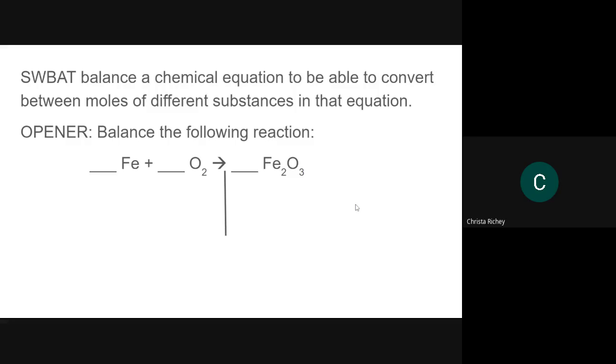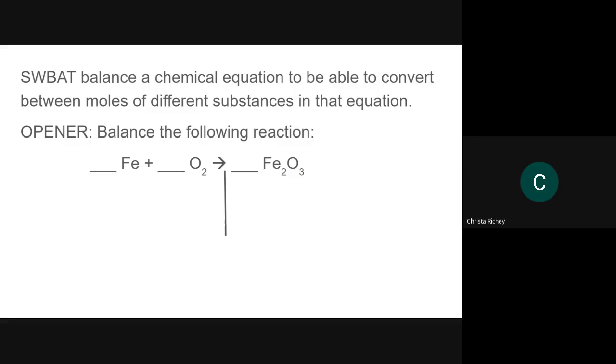I don't know if I'm going to go through all of the balancing with y'all or not, but it's crucial that you have the right coefficients to be able to do the mole conversions. The mole conversions themselves are really simple as long as they give you a balanced equation. That's what makes today the workday, is you need to make sure you can balance equations.